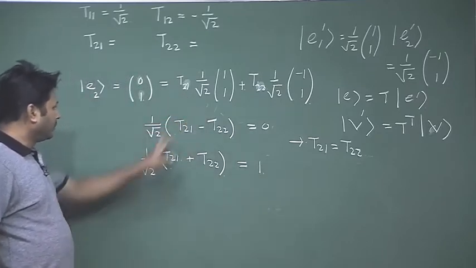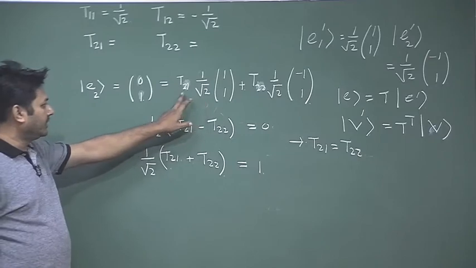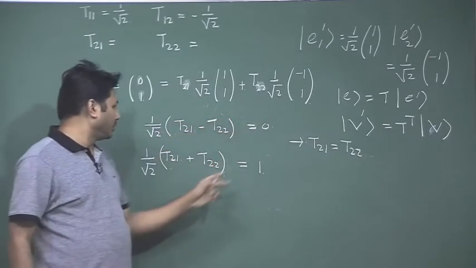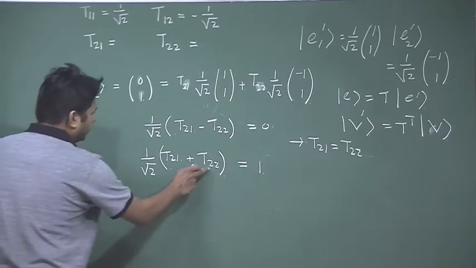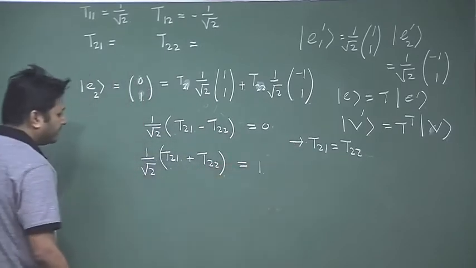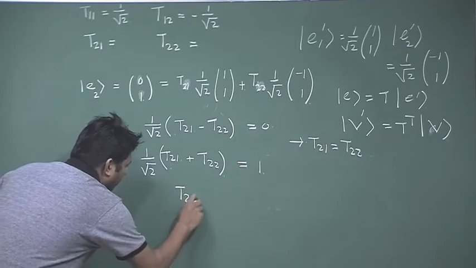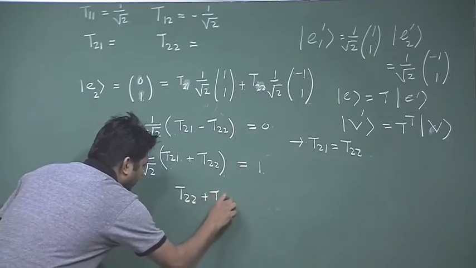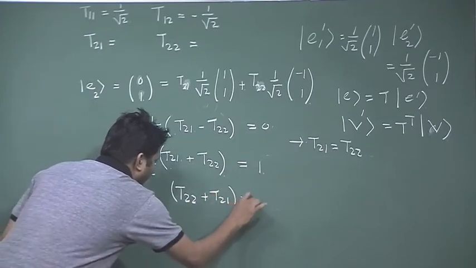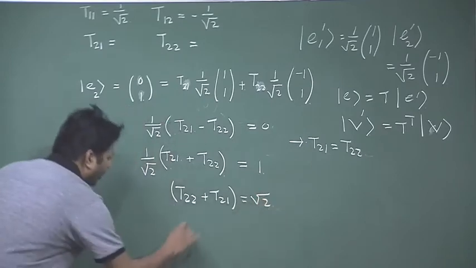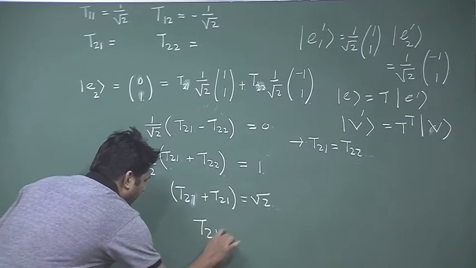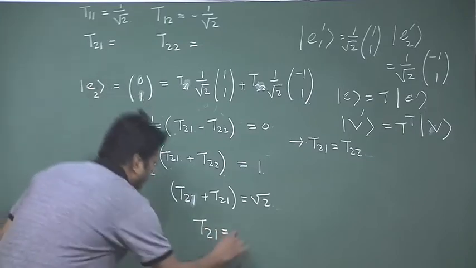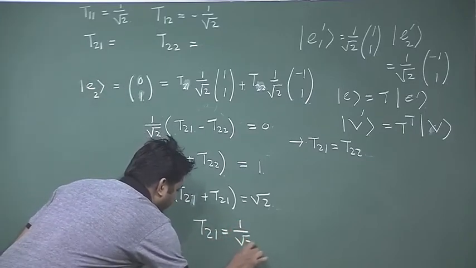T21 by root over 2, I take common, T21 plus T22, that is equal to 1. T22 and T11 are same, so I can write T21 plus T21 is equal to root over 2, or sorry, it will be T21. So, T21 is 1 by root over 2.